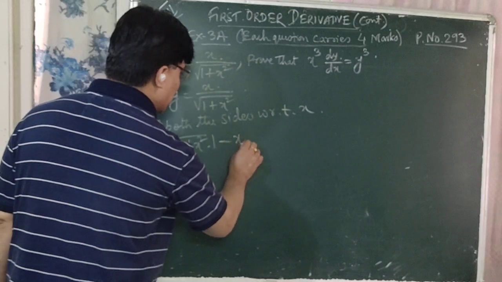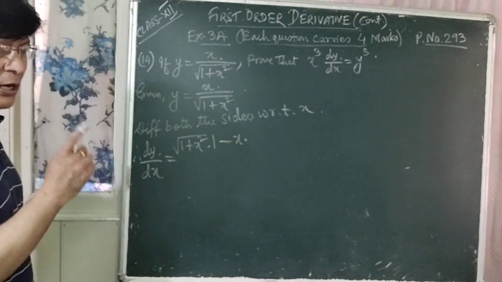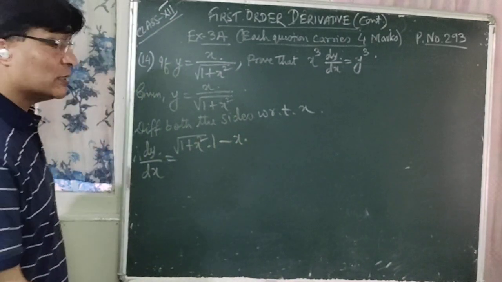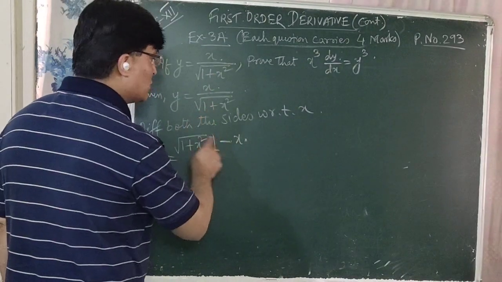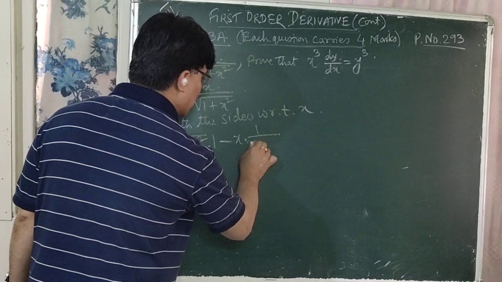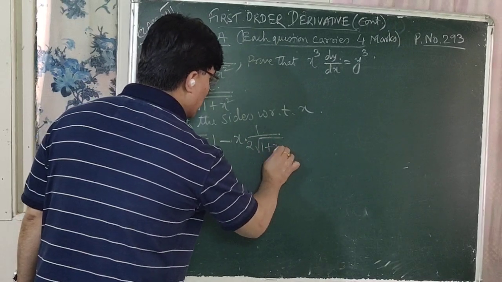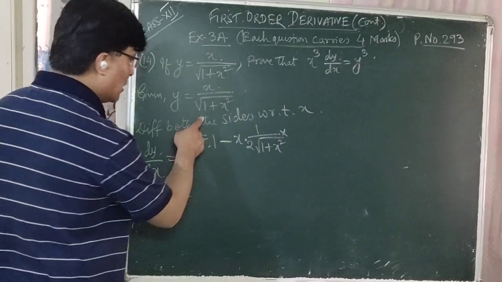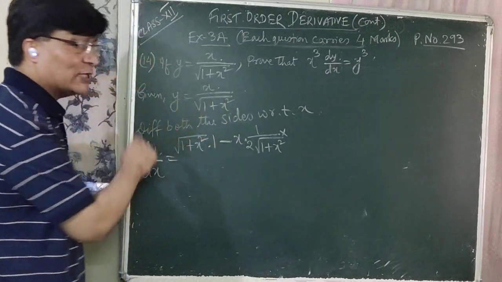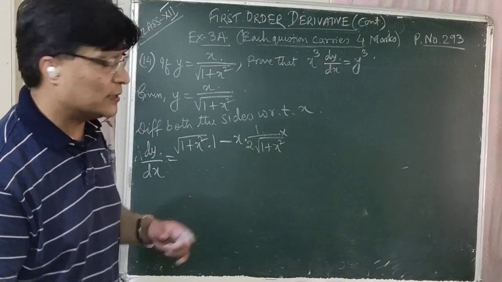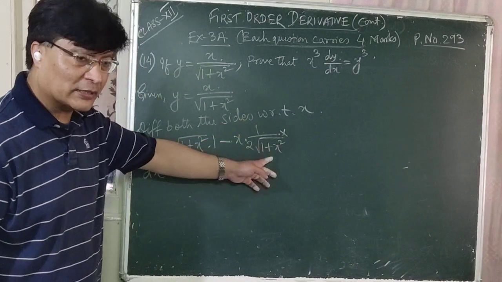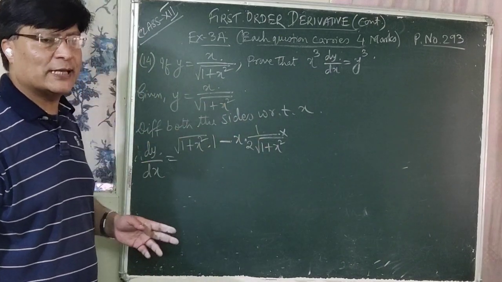Now numerator is kept as it is into, now take the differentiation of the denominator and write it in the numerator. That is, what is the differentiation of this root over? It is 1 by, you know that, 2 root over 1 plus x square into, now this 1 plus x square was assumed as x and we have differentiated it. That is 1 by 2 root over x. Again you have to differentiate the term which is assumed as x.